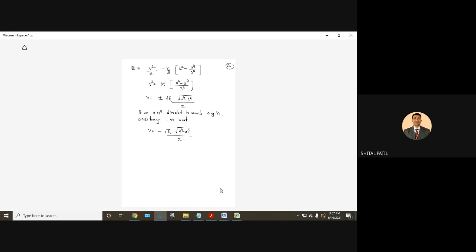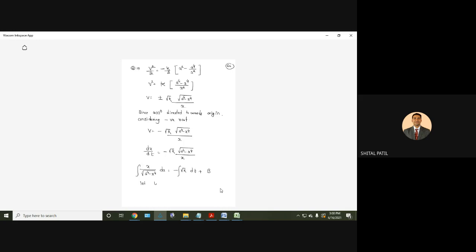Our aim is to find time, no? But what is the v? dx by dt. Now we have to integrate this. And then we have to add a new constant. Yes, how we can integrate this?